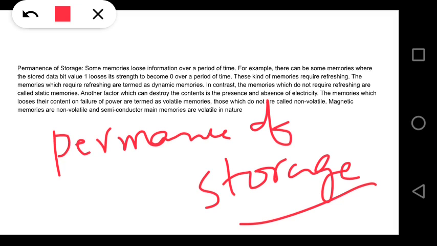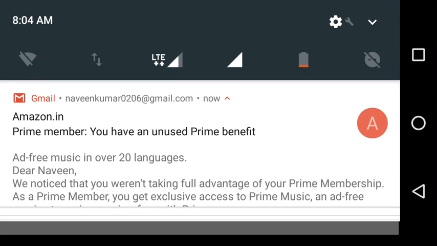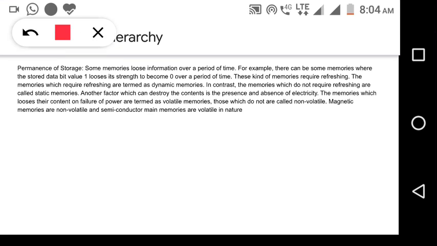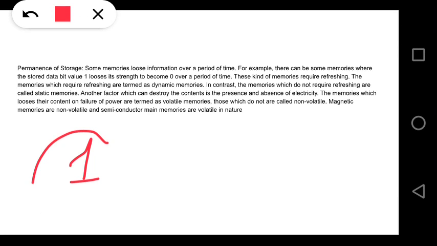What is the meaning of losing the information? There can be some memories where a stored bit value 1 loses its strength and becomes 0 over a period of time. That is, you stored 1 in the memory, but over time it becomes 0.